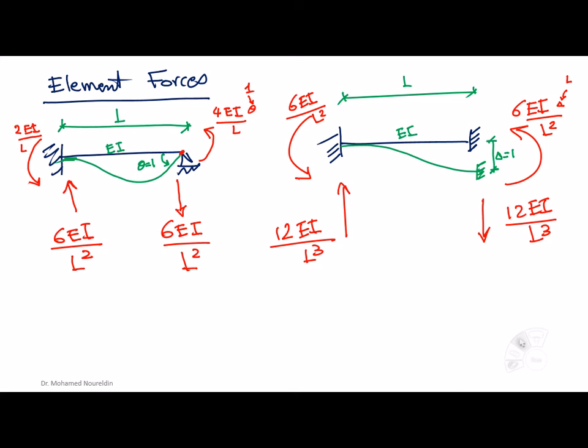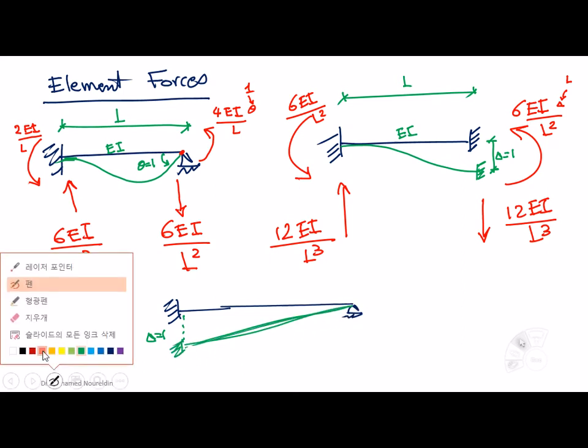And the last important case is the hinged and fixed member, where we have a unit displacement here, delta equal to 1. In this case our system is going to be like this.